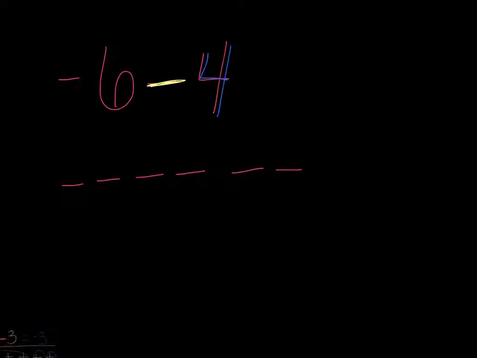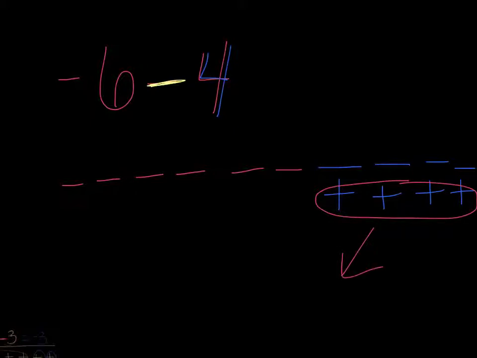How many? Well, I would use 4 so that we have 1, 2, 3, 4 positives that we can remove. Now we circle and remove 4 positives and count up what's left. I've got 1, 2, 3, 4, 5, 6, 7, 8, 9, 10 negatives. So negative 6 minus 4 is negative 10.